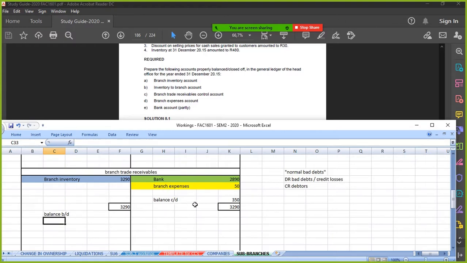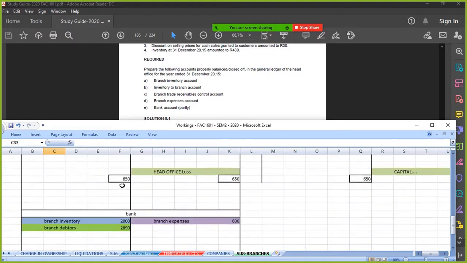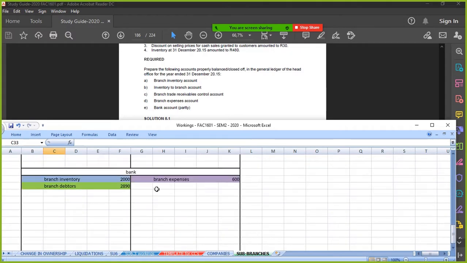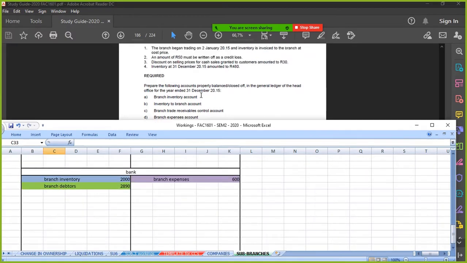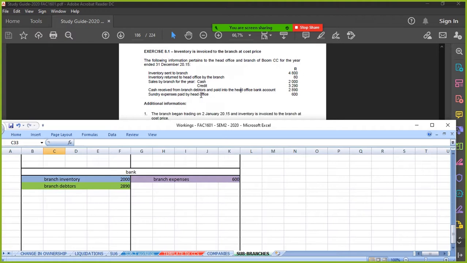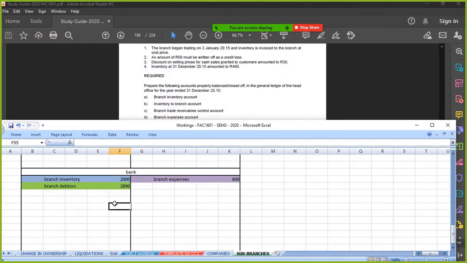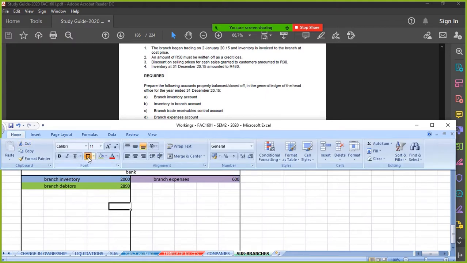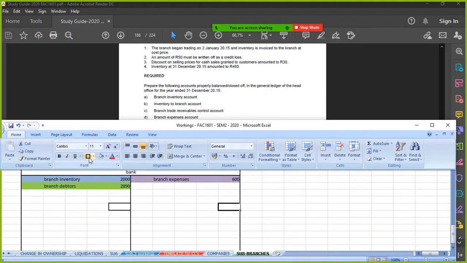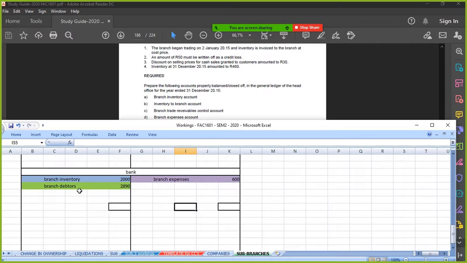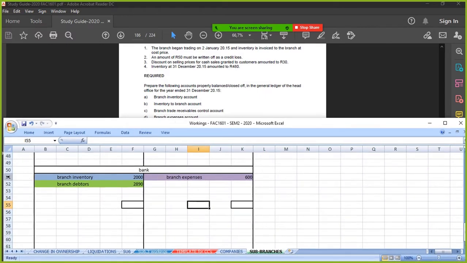Okay, what else do we have? This one I've closed. This one I haven't closed. Okay, was I given any opening balances here? No, I wasn't. Those are the only things we had. Okay, so I'm just going to have to look at it and see which side's bigger, and then assume they didn't have any cash to start with. Okay, so assume a zero opening balance.